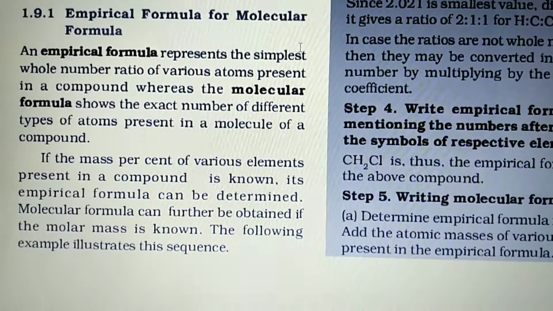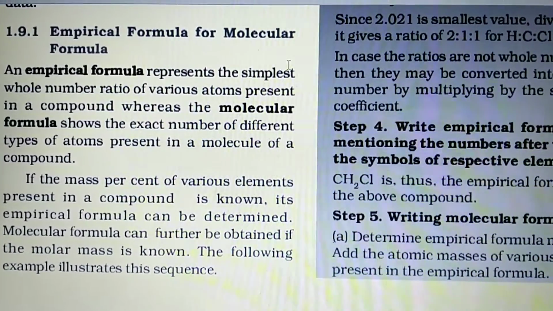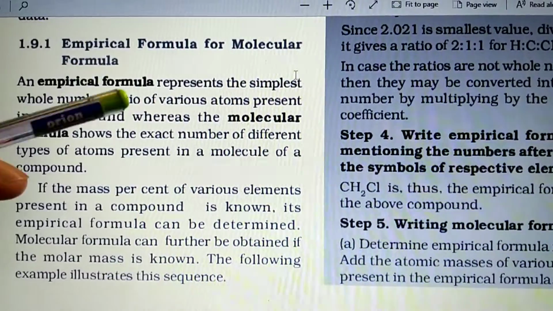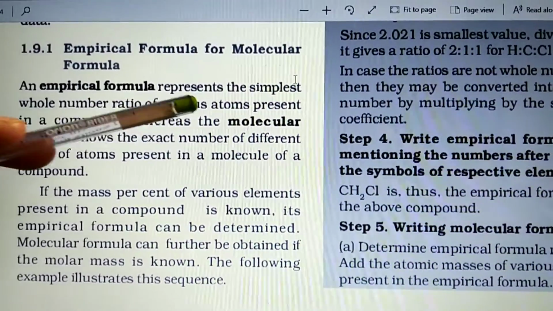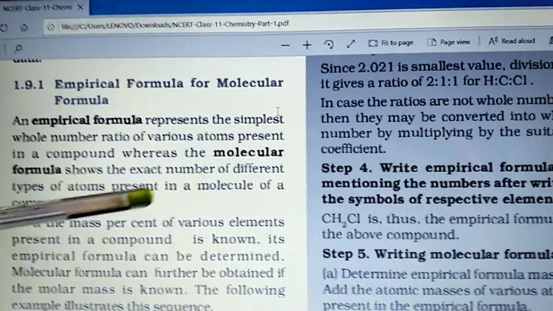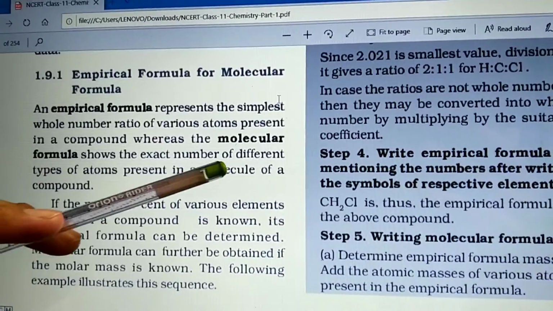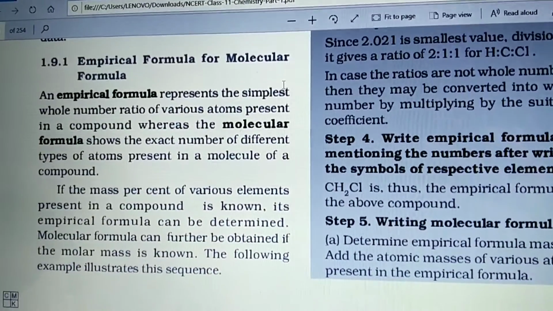Let's see the empirical formula and molecular formula. Empirical formula means the simplest whole number ratio of the various atoms present in a compound, whereas the molecular formula shows the exact number of each type of atom present in a molecule of a compound, right?